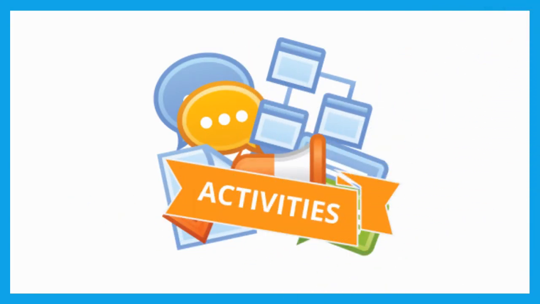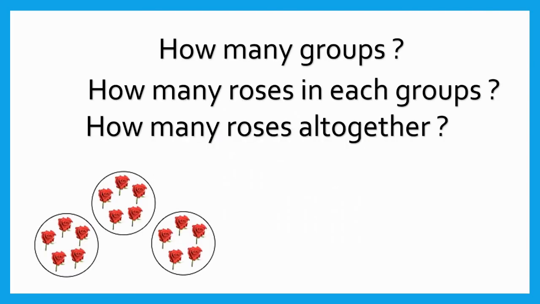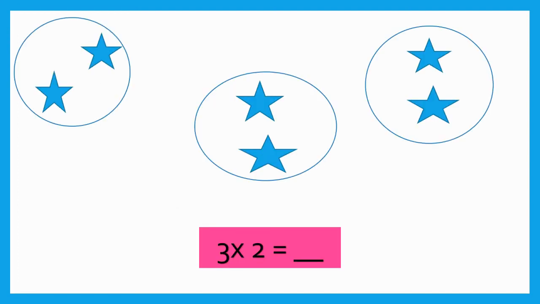Now let's do some activity. How many groups? How many roses in each group? How many roses all together? 3 groups of 2 stars.